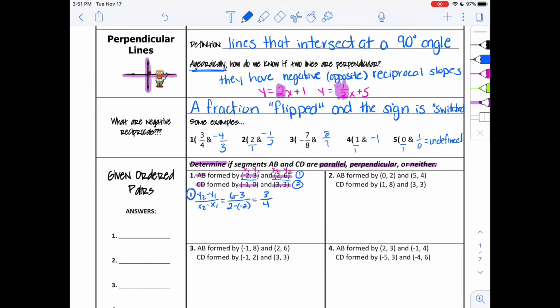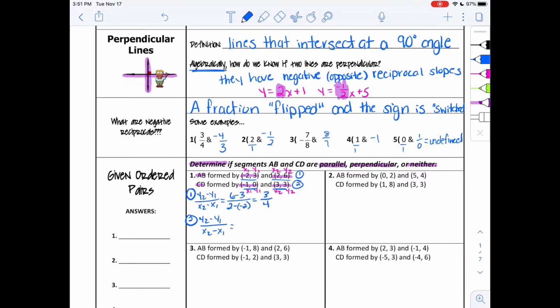My second line, because we're comparing these 2 slopes, we're going to do the same thing. But we're going to use my 2 points for my second line. And again, if it's helpful, label your points: x1, y1, x2, y2. And then we're going to plug them into that same formula, y2 minus y1 over x2 minus x1.